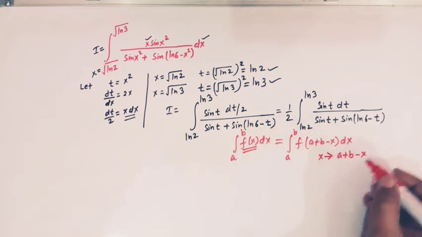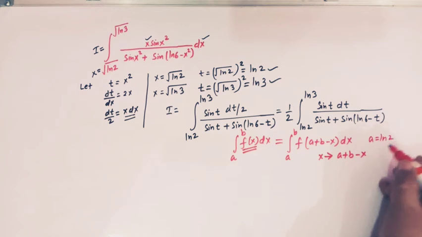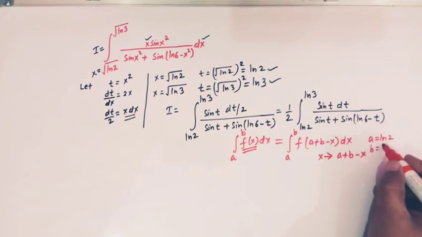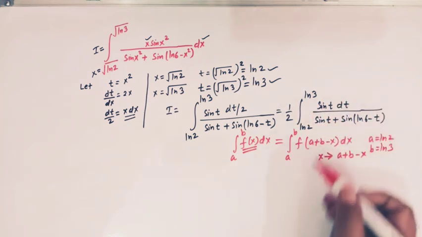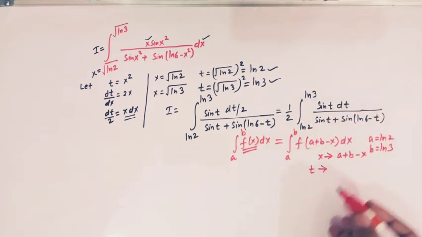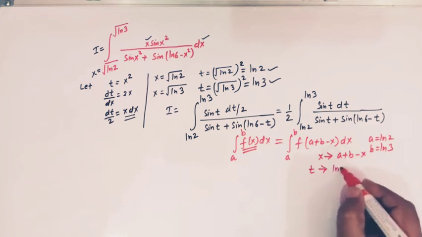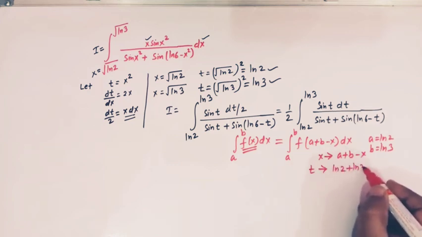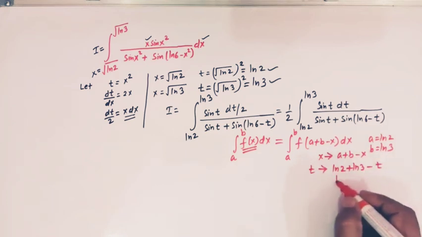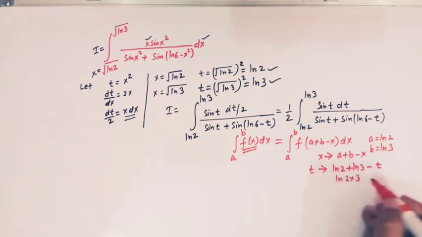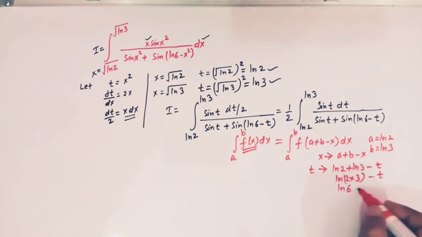Here a is ln 2 and b is ln 3, so we replace t by ln 2 + ln 3 − t, and ln 2 + ln 3 is ln(2 × 3), so this is ln 6 − t.